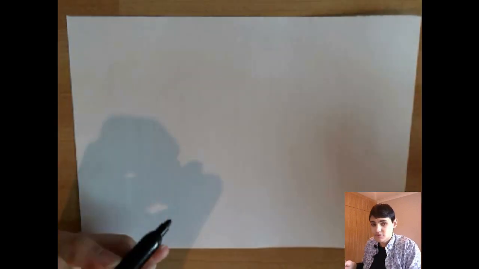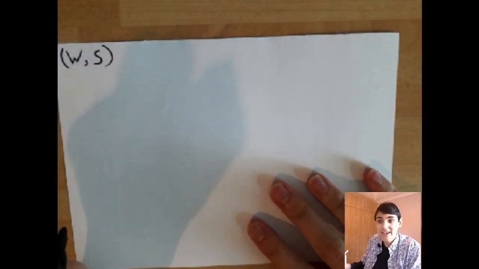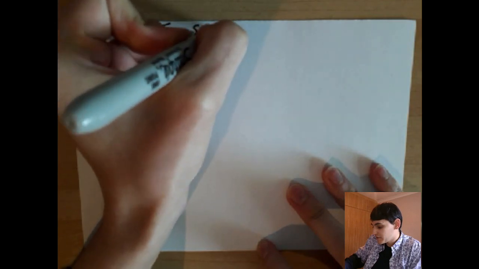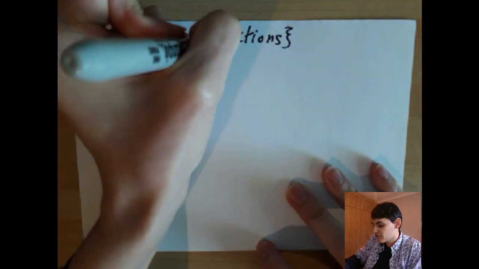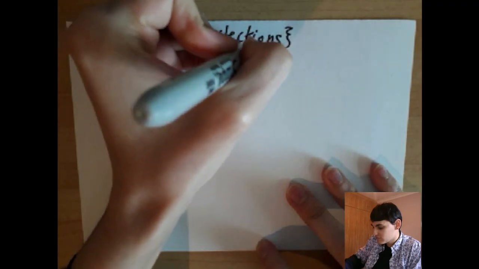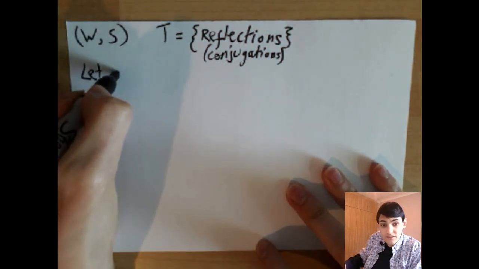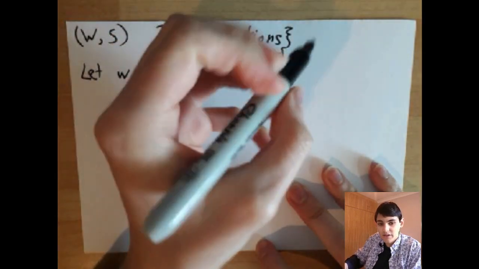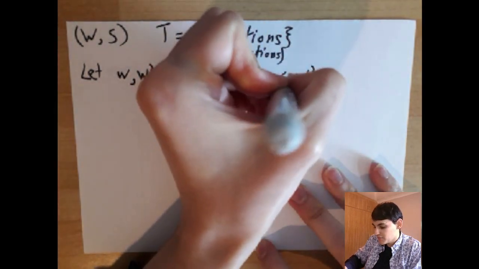So what exactly does this look like? Well, if you have a Coxeter group (W, S), and T equals the set of reflections, and remember that that is equivalent to conjugations, then let W and W prime be elements of W. Then W is less than or equal to W prime in the Bruhat sense.